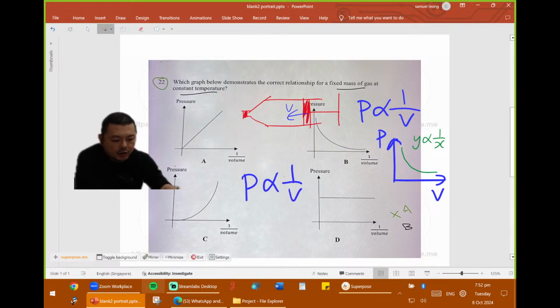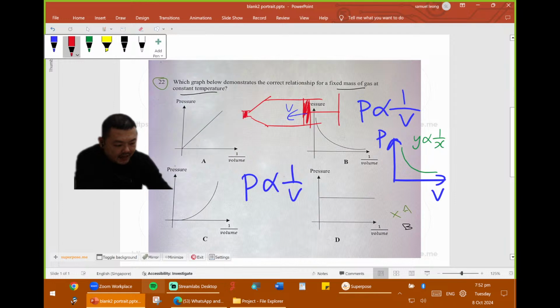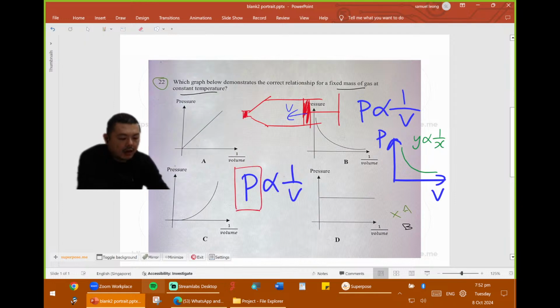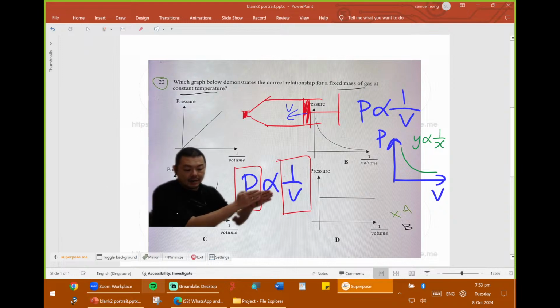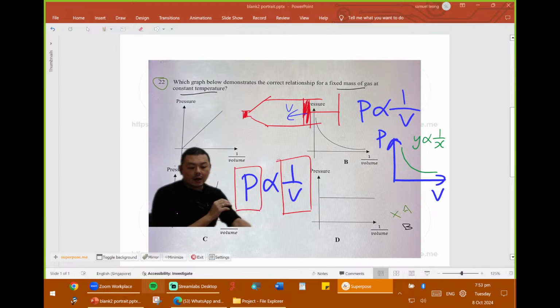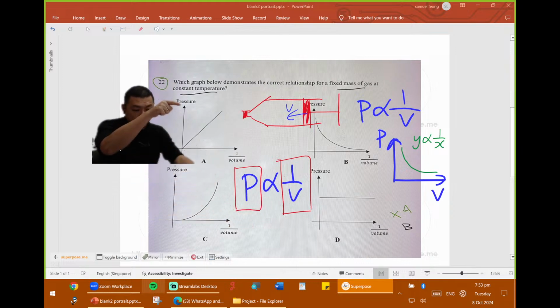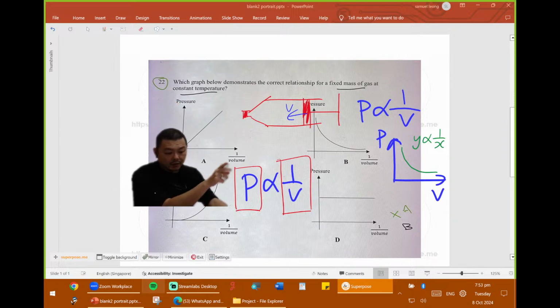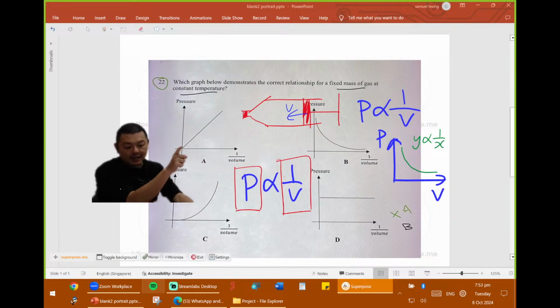I can read it as pressure is directly proportional to 1 over V, which means that if you ask me to plot pressure versus 1 over V, I will get a straight line that passes through the origin. And that's why A is the answer, you see?